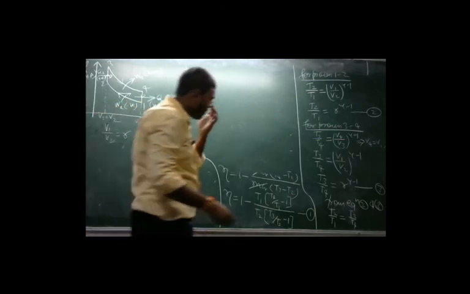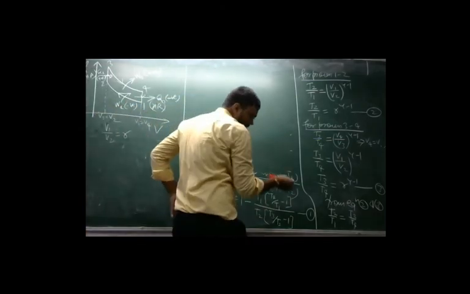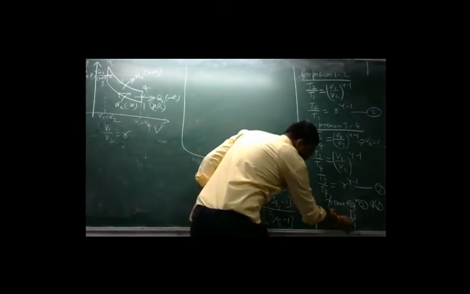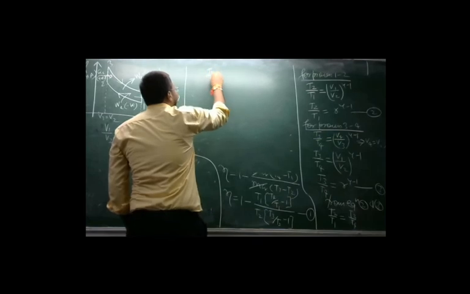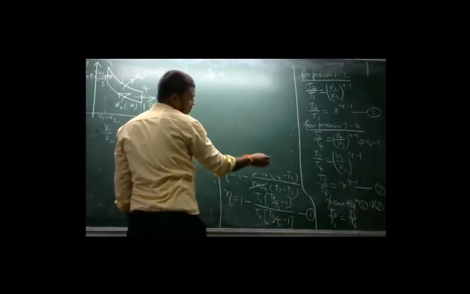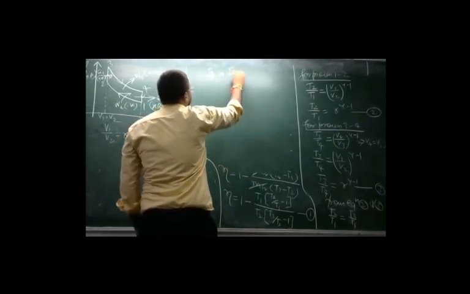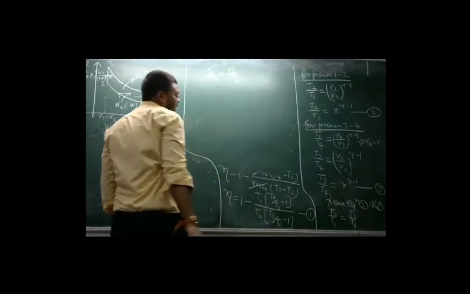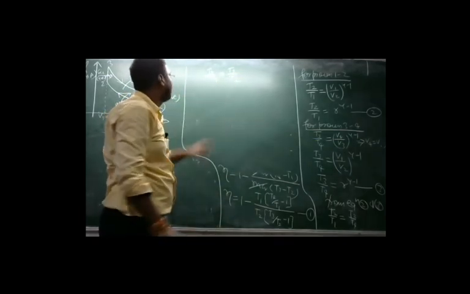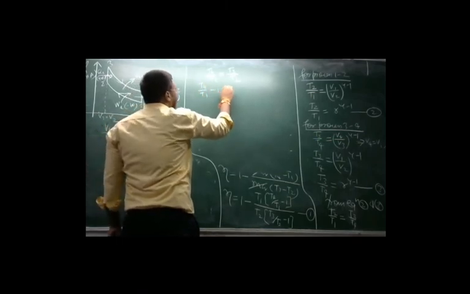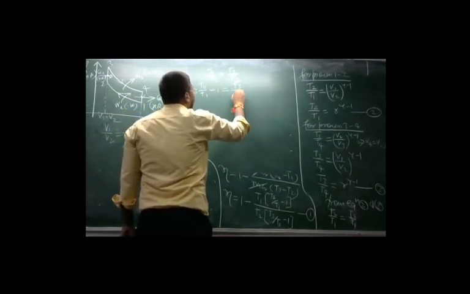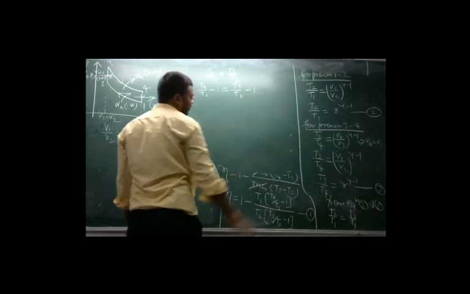First of all, cross multiply. Take T4 to this position and T2 below T3. So this will become T4 by T1 equal to T3 by T2. Now subtract 1 from both the sides, so we will get T4 by T1 minus 1 equal to T3 by T2 minus 1.